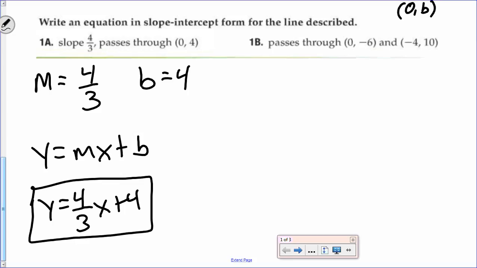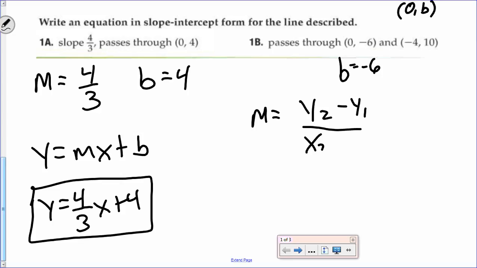(0, -6), we should be recognizing that again as a (0, b) point. That gives us that b value is equal to -6. Now this one doesn't give us our slope, but it does give us 2 points, and with 2 points we should be able to find our slope using that formula, y2 minus y1 over x2 minus x1. We just have to label a point.